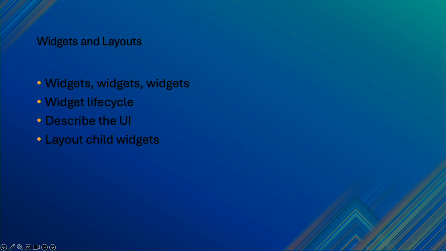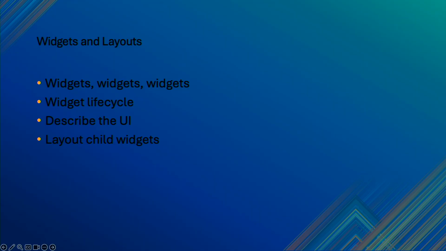And then the way the layout system works, really briefly, the parent widget provides size constraints to all of the children widgets. Then the children widgets provide their computed size back up to the parent, and then the parent lays them out on the screen, providing them their coordinate position on the screen.